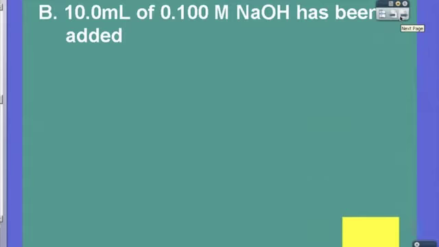Okay, now we're going to add some NaOH to the flask. And we still have our 50 milliliters of a 0.2 molar nitric acid solution. We're going to need to write our equation out.